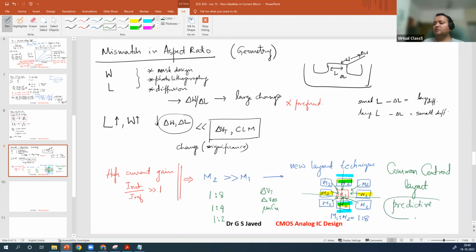The aim is to have predictive loss or predictive non-linearity, such that you can control it. And this is one nice way of doing it. So this is a nice creative solution for this, right? So this way you can build one circuit, or your variation can be minimized overall.